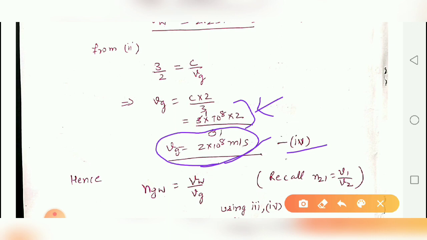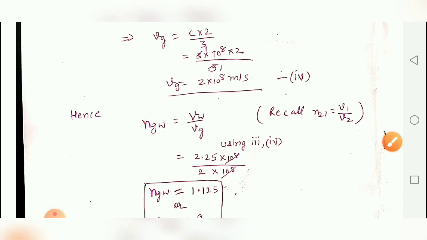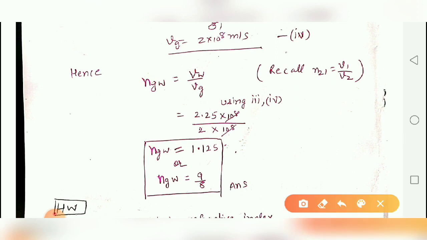Now by using equations 3 and 4, in this formula, that is the refractive index of glass with respect to water is speed of light in water upon speed of light in glass.